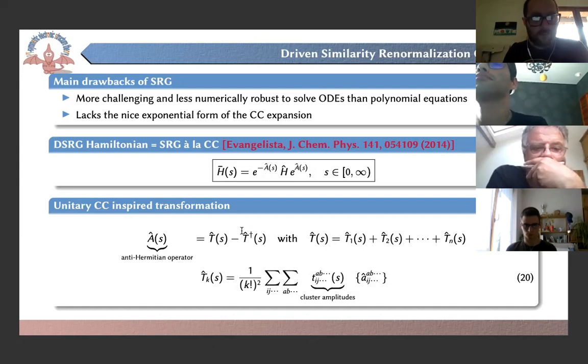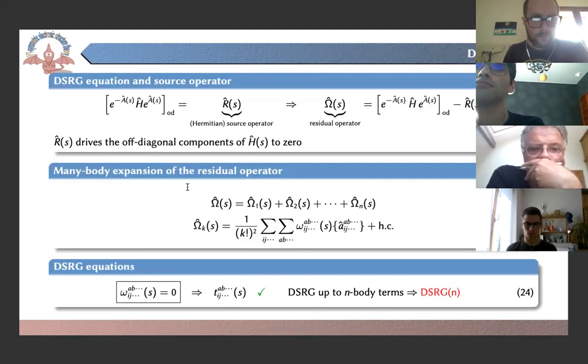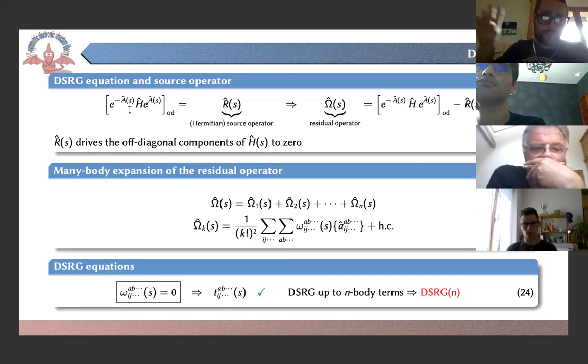That's exactly like in coupled cluster. So you have a coupled cluster form, and we expand this operator in terms of cluster amplitudes. So we're going to have the singles, the doubles, the triples, and so on. What you can do is say: I want to decouple, I want to make the off-diagonal term of that Hamiltonian equal to 0. So I'm going to define that as a source term, the source operator, and the source operator is going to drive the off-diagonal component of H to 0.